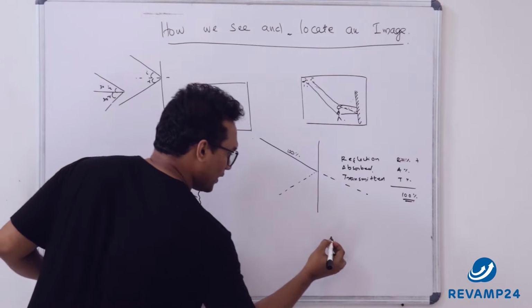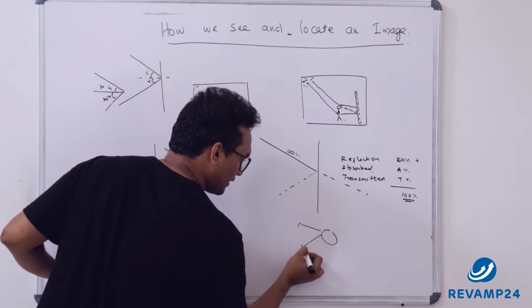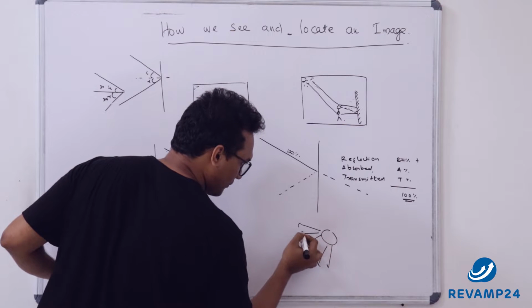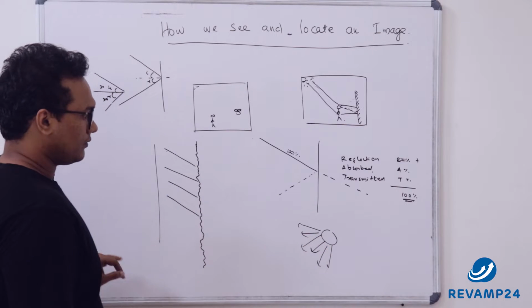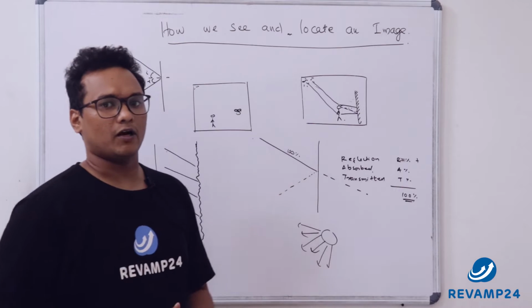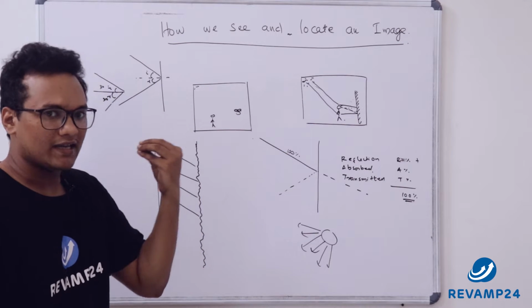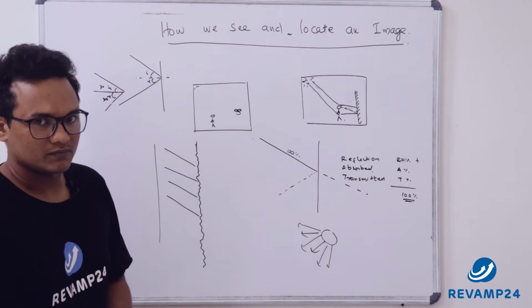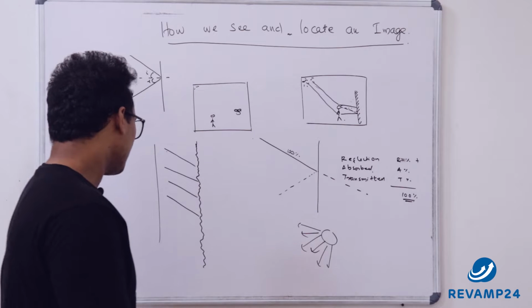From an apple, light rays come in one pattern, and from an orange it would be a different pattern. That's the reason our eye is able to process different objects as different.